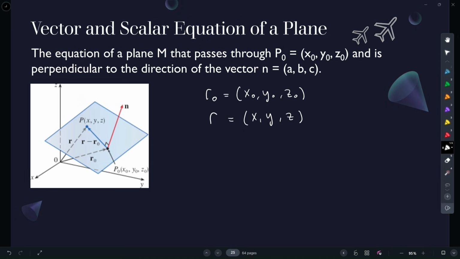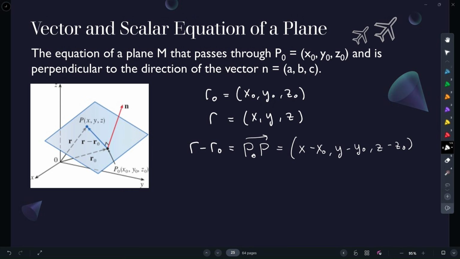Then the vector from P naught to P is given by R minus R naught, which has coordinates x minus x naught, y minus y naught, z minus z naught.